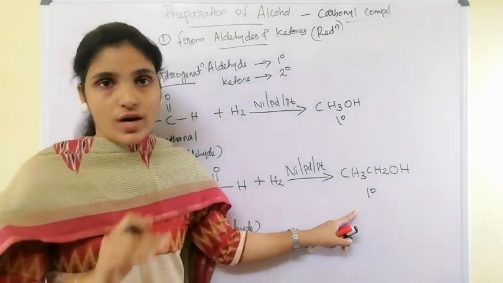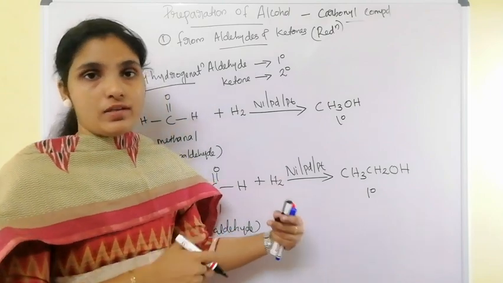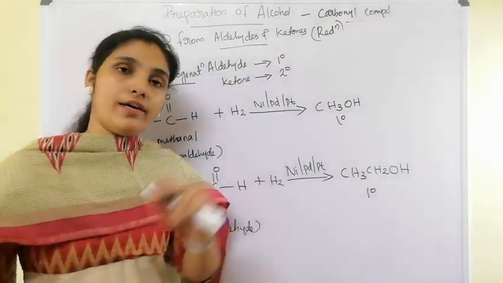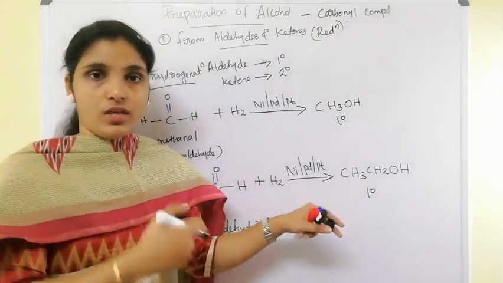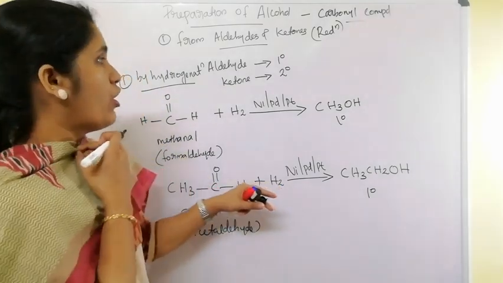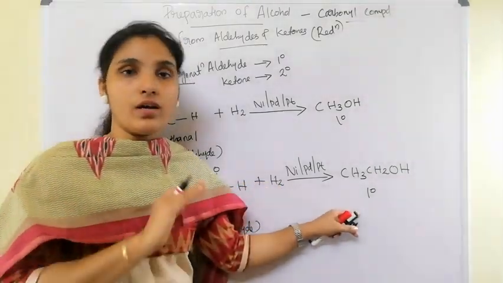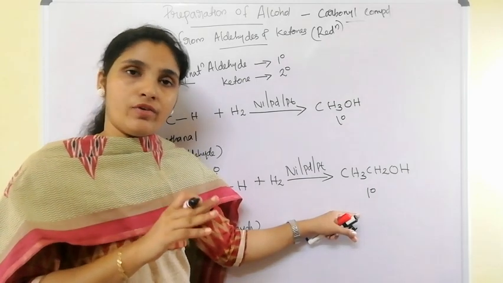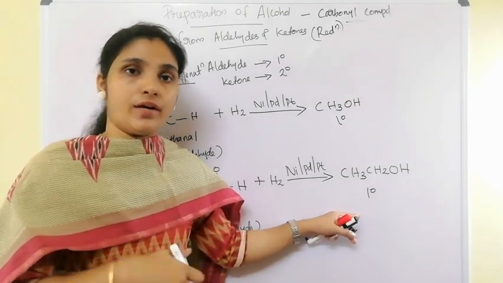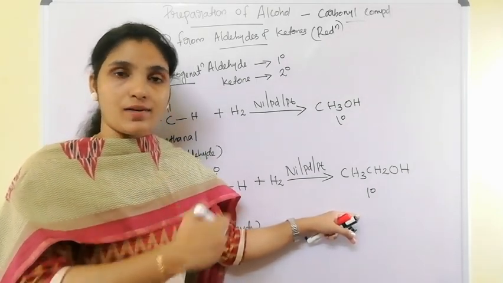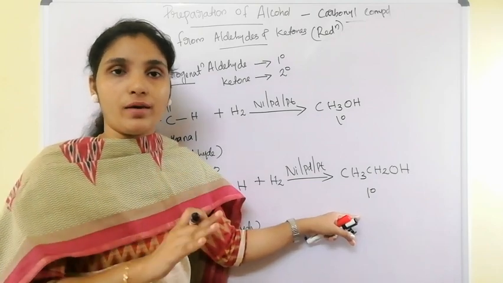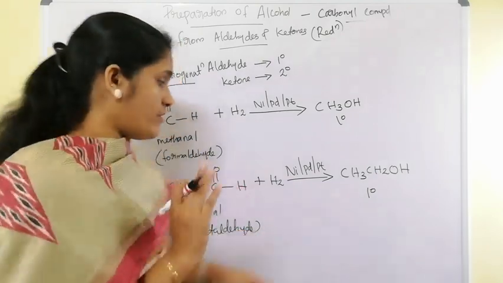So children, just understand, whatever the selected aldehyde may be, aldehydes on hydrogenation, that is reduction, will always give what? A primary alcohol. Whatever the aldehyde, branched aldehyde or any of the higher aldehydes, it will give the corresponding primary alcohol. That is the first point.